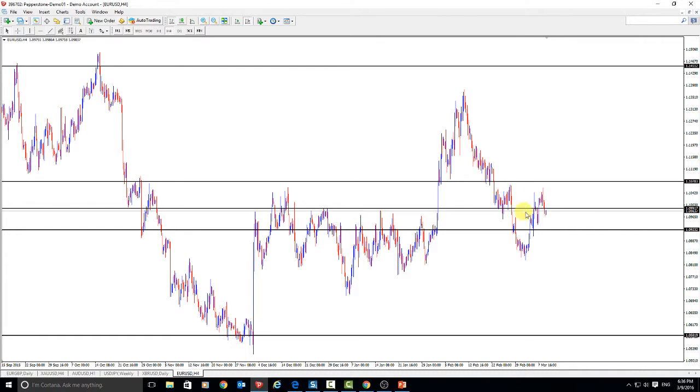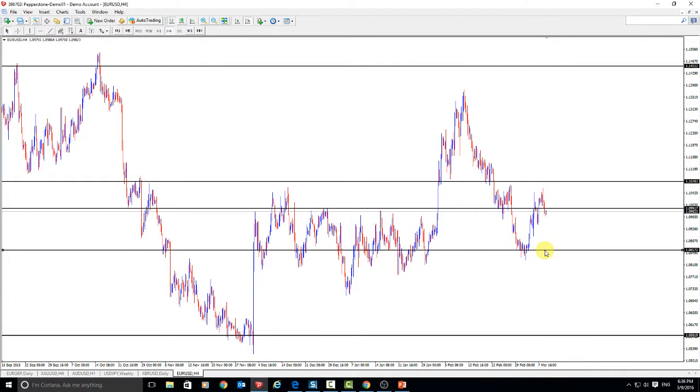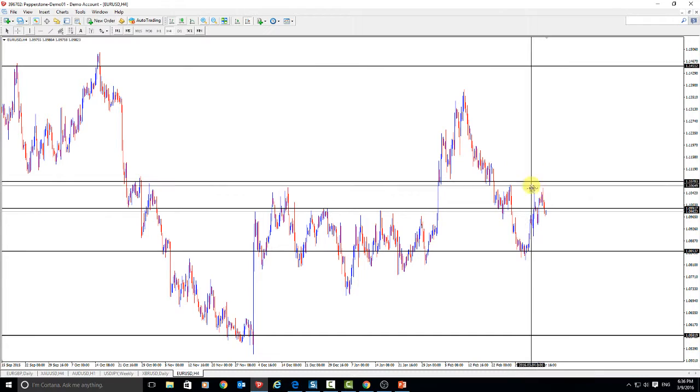If I was placing a sell here, and it's not necessarily the best trade ever, but you could do it, I'd be selling at this point, placing a stop above this high, with the idea of taking profit down in these lows here. It would work out risk reward wise as well, because we'd have our 90-ish pip stop and around 130 pip take profit. So a little bit over 1 to 1, about 1.5 to 1.